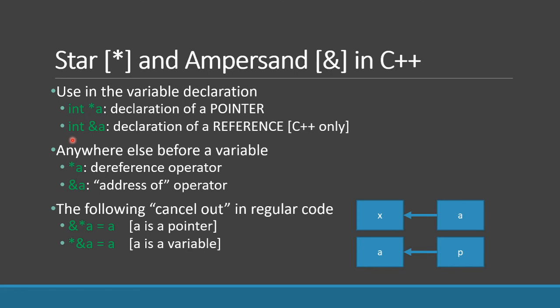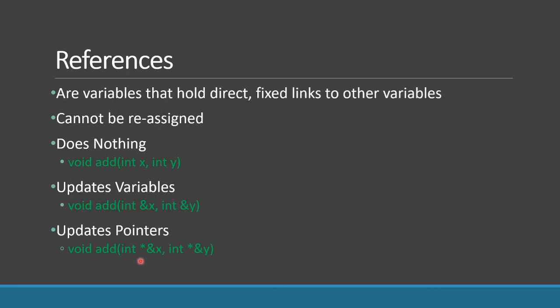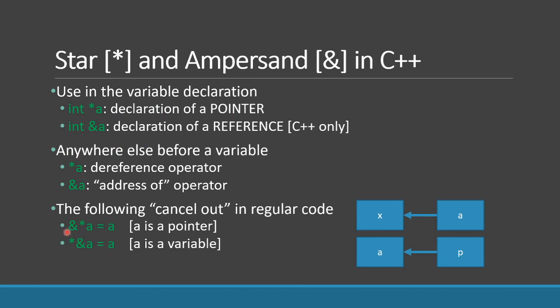I also wanted to mention that those combinations of the ampersand and star in regular code, they cancel out. So of course, I don't mean like here in the declaration where we're passing a pointer in by reference. I mean, if you see those in the regular code, those would cancel out, because if A is a variable, if we are trying to grab its address and then dereference that, you get A back.